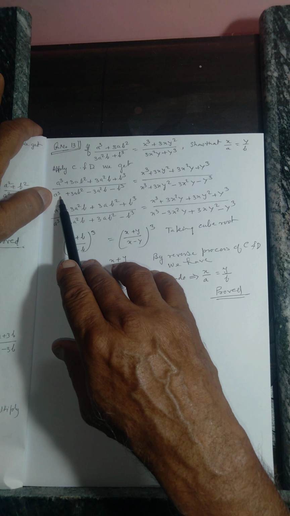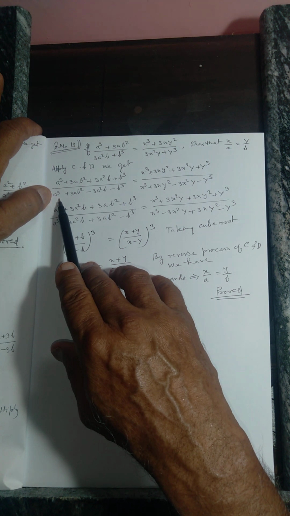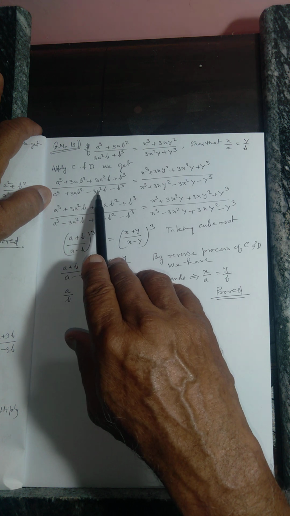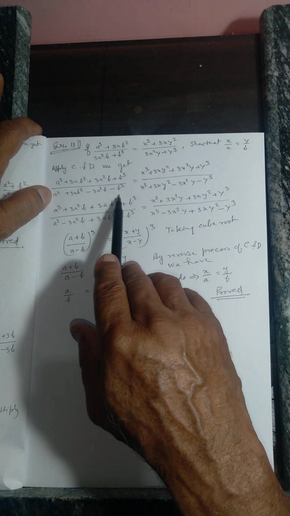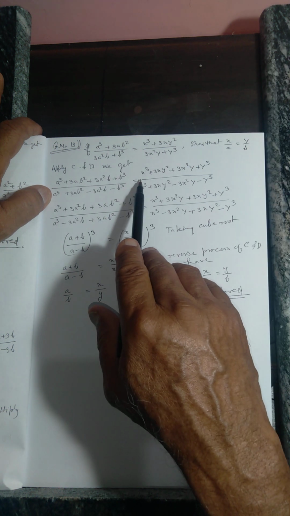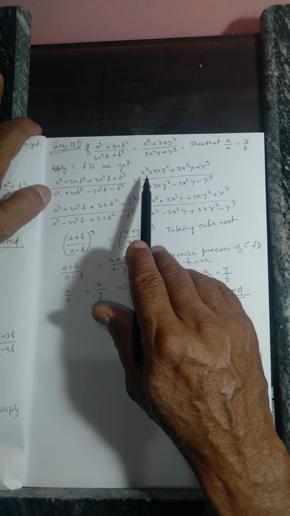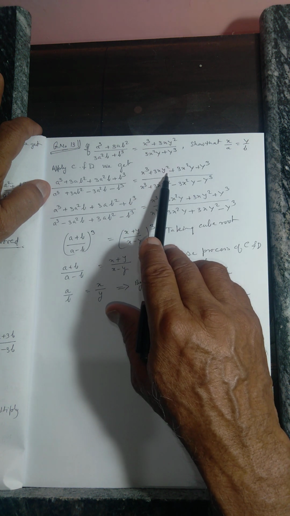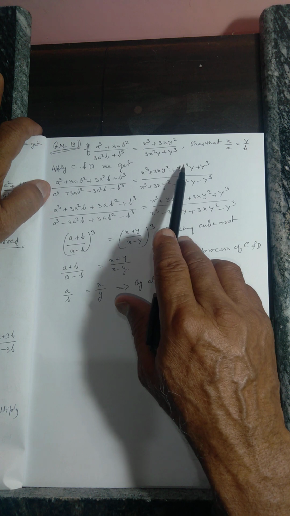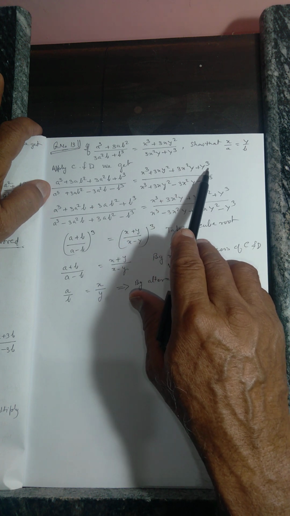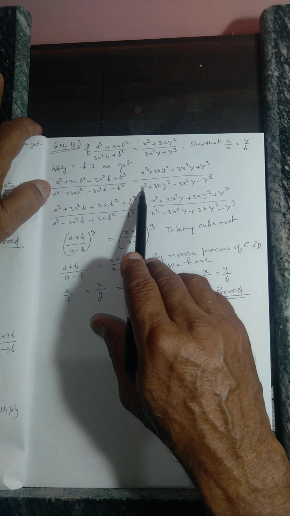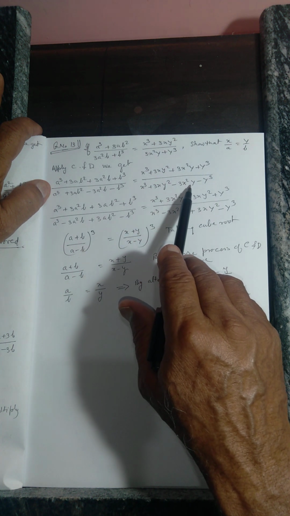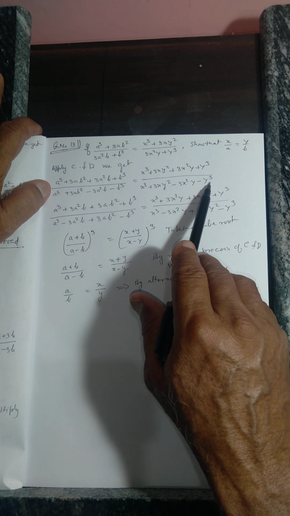On the denominator part, write down a cube plus 3ab square minus 3a square b minus b cube, will be equal to x cube plus 3xy square plus 3x square y plus y cube, whole upon x cube plus 3xy square minus 3x square y minus y cube.